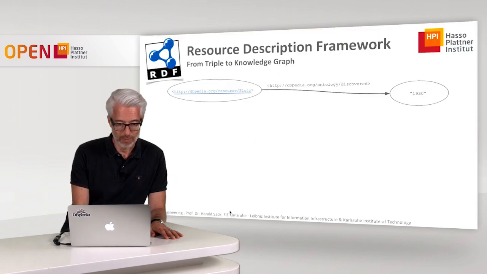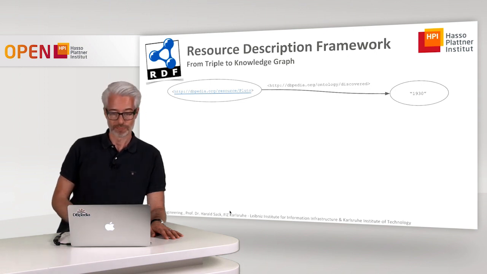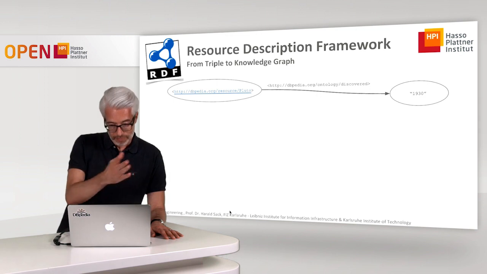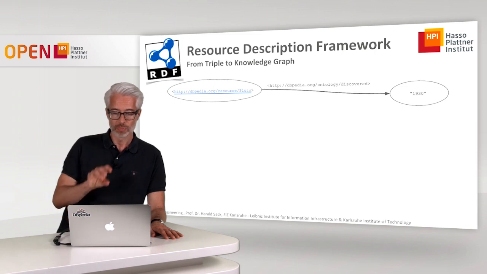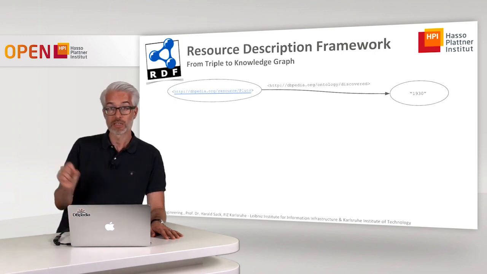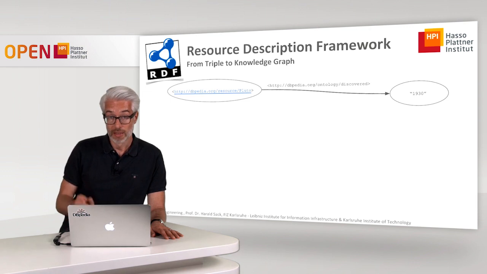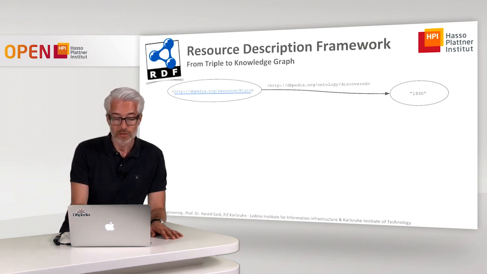So let's go back to our graph representation. Starting with the first RDF triple we have looked at, we have here Pluto has been discovered in 1930. The interesting thing is, of course, you can follow this knowledge, and there are lots of interesting facts.